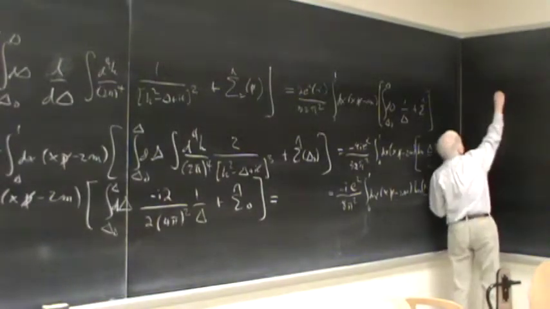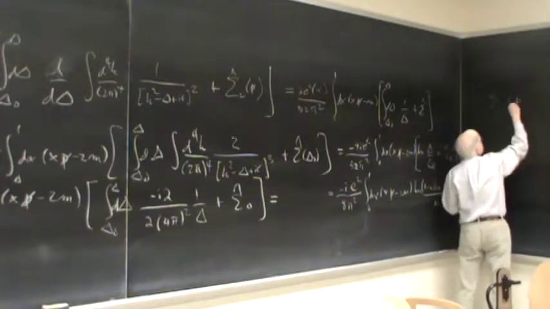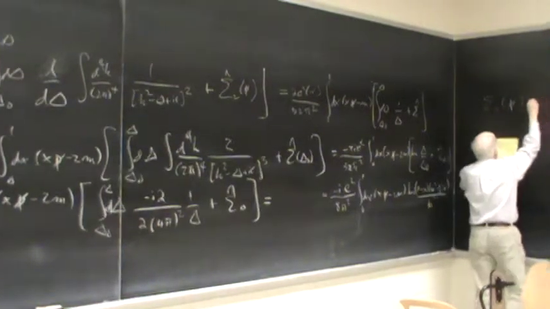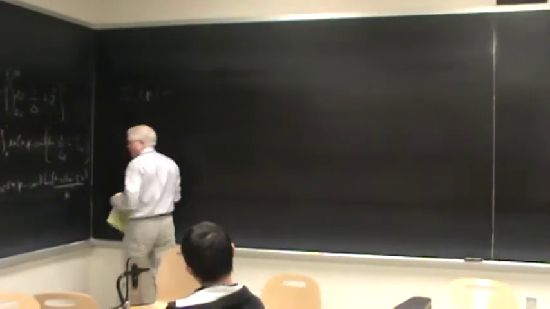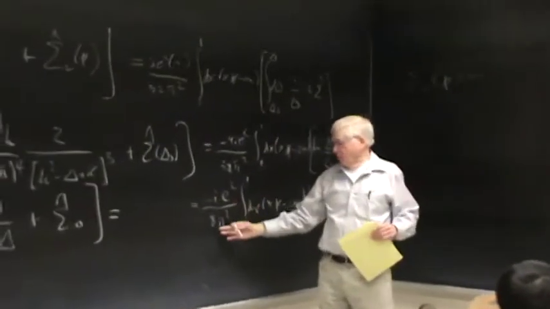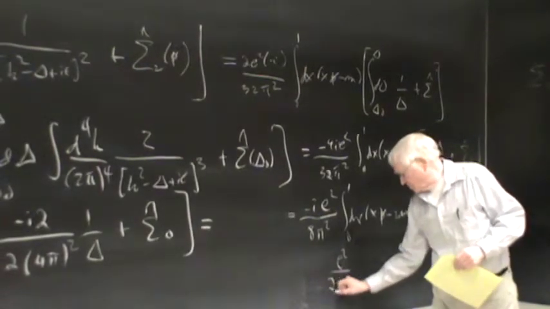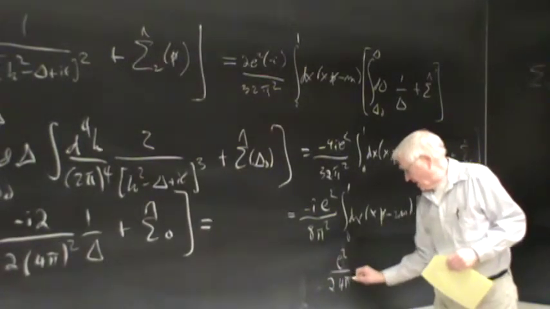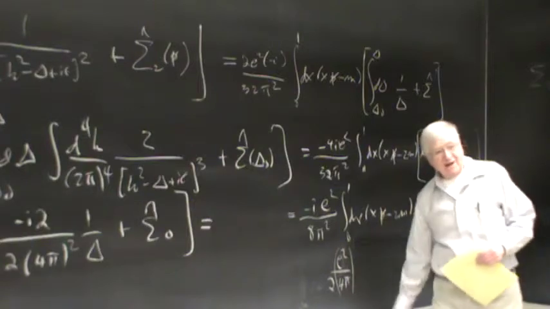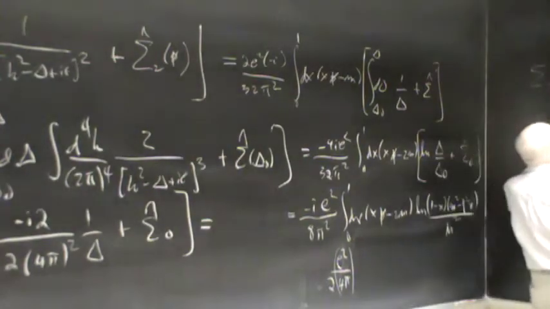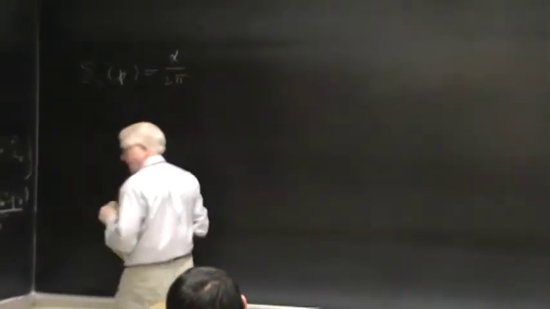And so we get sigma 2 of p-slash is e squared over 8 pi squared, which is e squared over 2 times 4 pi. E squared over 4 pi is alpha. So this is actually alpha over 2 pi.